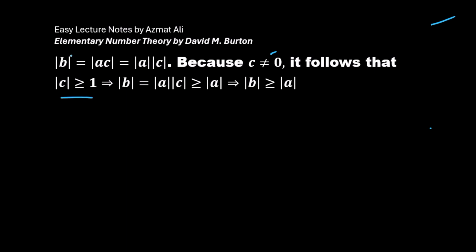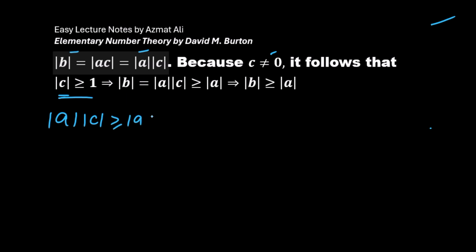To make the form of absolute B is equal to absolute A times absolute C, we multiply this inequality with absolute A on both sides. This gives absolute A into absolute C greater than or equal to absolute A. As absolute A is always positive, it will not reverse the inequality. As this is equal to absolute B, this shows that absolute B is always greater than or equal to absolute A. That is required.